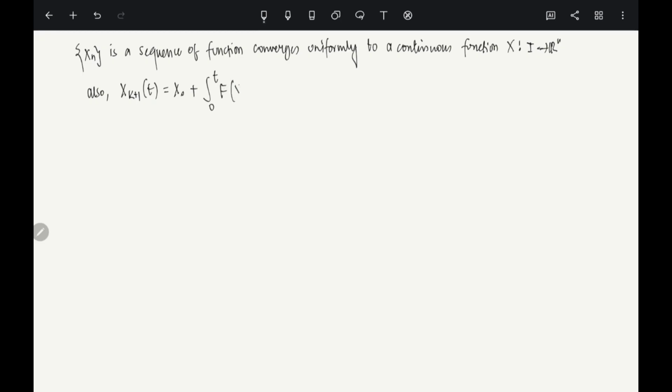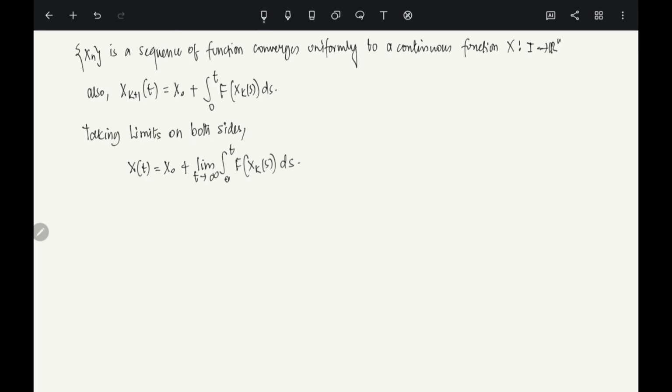Okay. Also see that x_{k+1}(t) is nothing but x naught plus the integral from 0 to t of capital F of x_k(s), s ds. Clear? Okay. Now taking limits on both sides, what do we have? We have x(t) equals x naught plus the limit as k tends to infinity of the integral from 0 to t of capital F of x_k(s) ds.